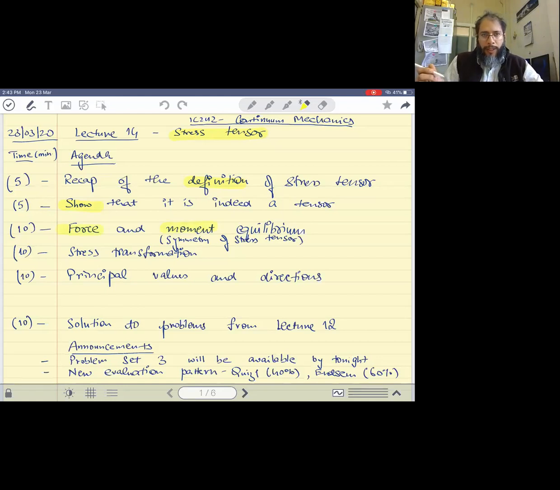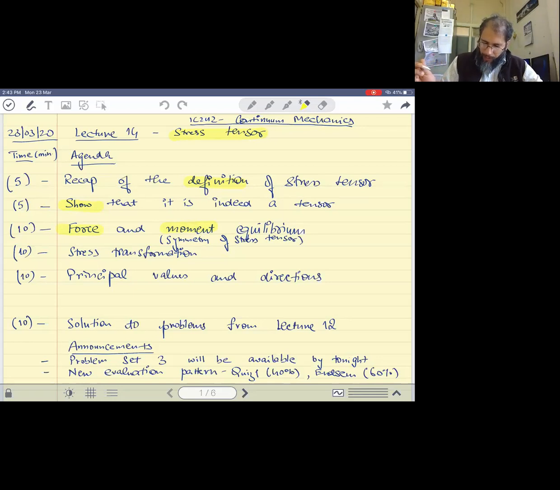Then towards the end, we'll quickly talk about stress transformation, which uses the mathematical ideas of transformation of tensors that we have discussed, particularly for the stress tensor. Finally, we'll talk about the principal values and principal directions of the stress tensor in this particular application.